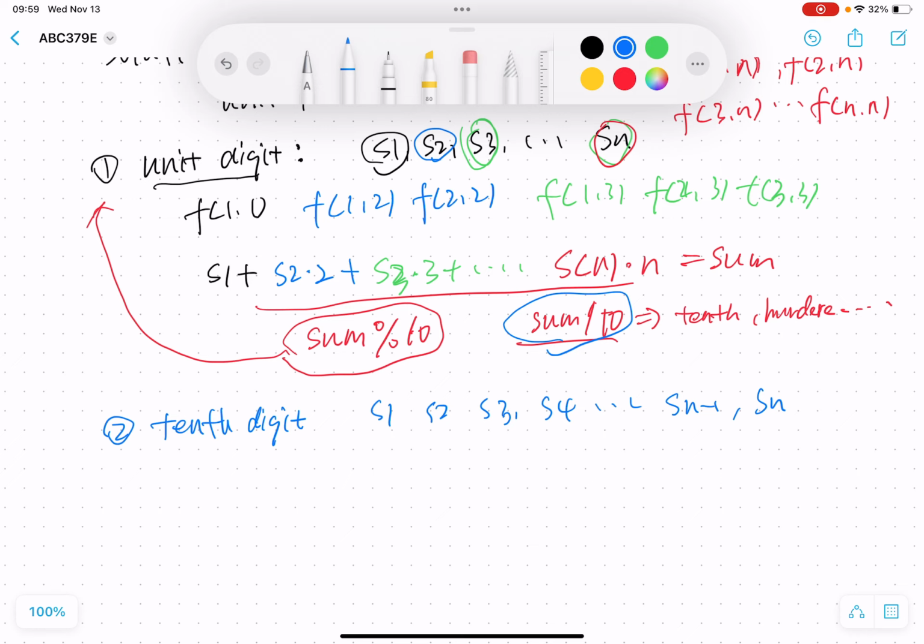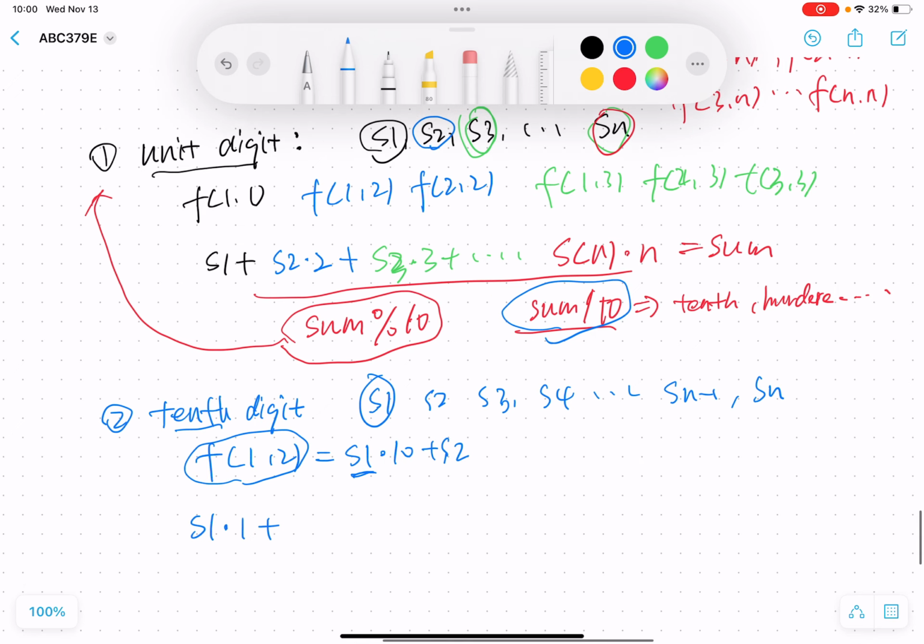We can take this one by one. For the first part, S1, if we use f(1, 2), it will be S1 times 10 plus S2. For this function, we need to add S1 to the tens digit one time. So we multiply by 1. For another function we cannot add S1 to the tens digit, so we only use S1 one time.